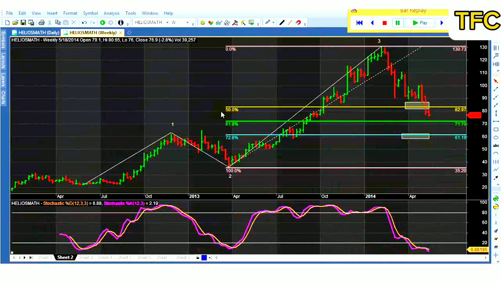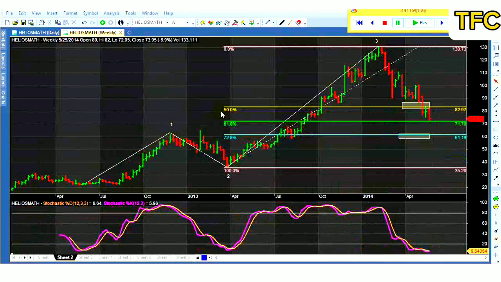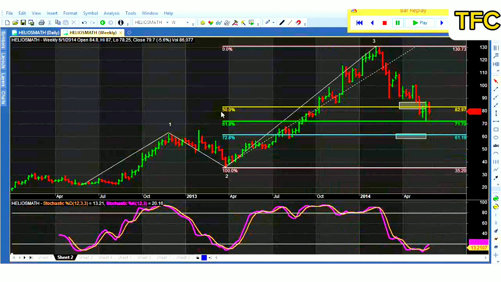It comes down, broke through the box, came straight to the level of 161.8, and as of the last bar, prices didn't find support at the level of our box, but prices did find support at the 61.8% ratio of wave 3.